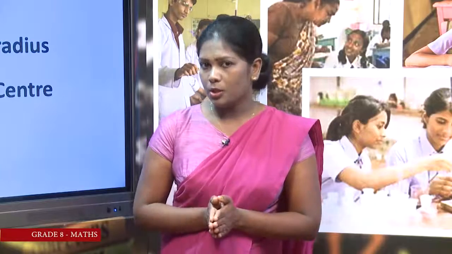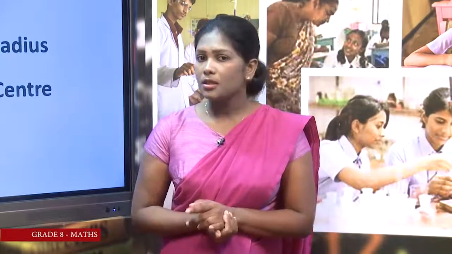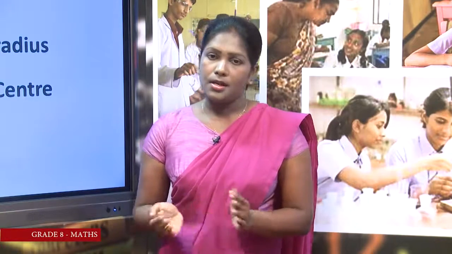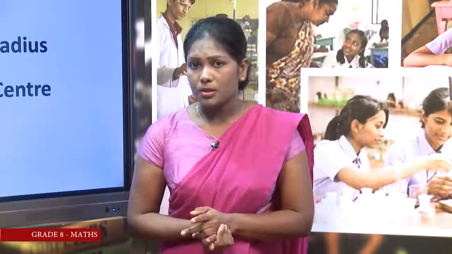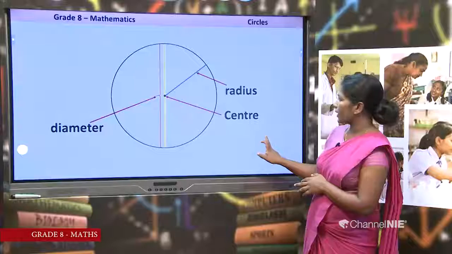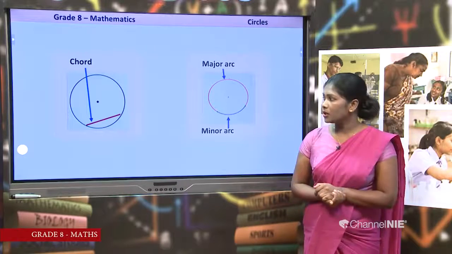So, what is the meaning of the sector? Sector is a region bounded by two radii with an arc, and segment means a region bounded by the chord and arc. So, look at that. And also we learned about the chord.